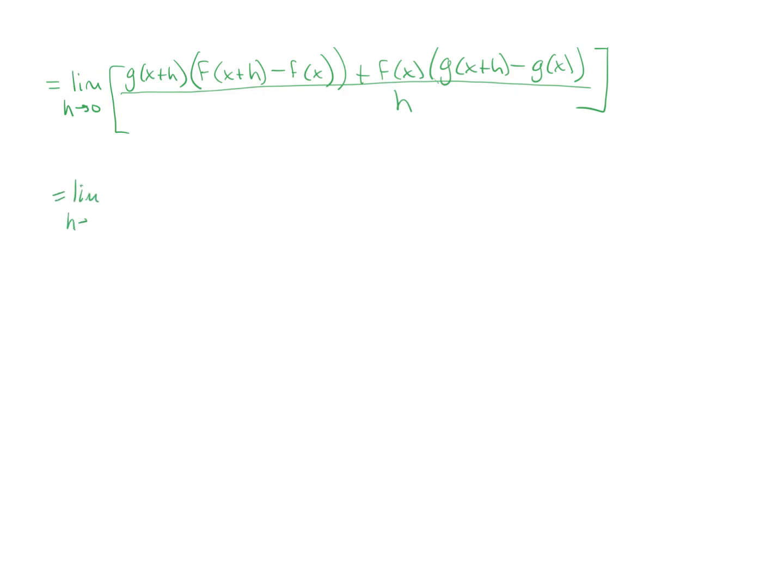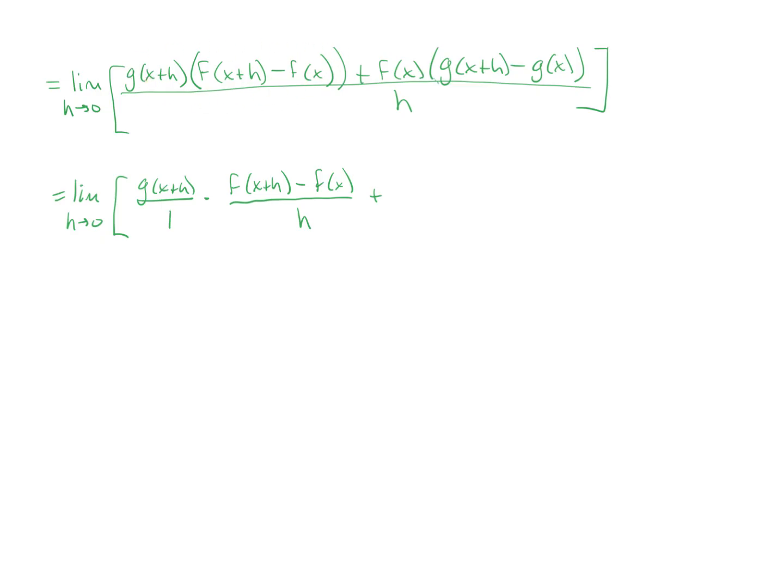The limit as h goes to 0 of, I'm going to rewrite this as g of x plus h over 1 times f of x plus h minus f of x over h. So that's this part right here.